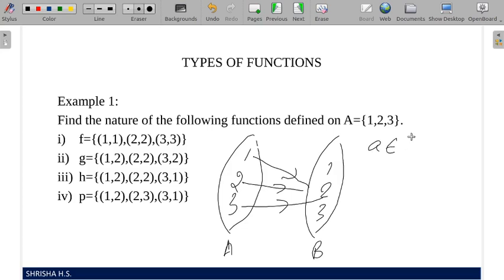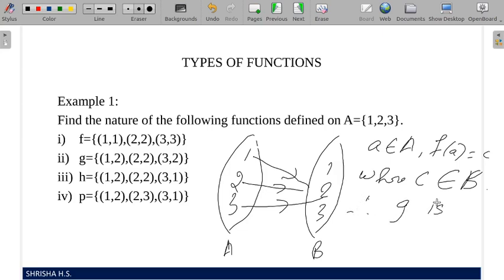For every element which belongs to set A, f(a) = c, where c is some constant which belongs to set B. Therefore g is a constant function.